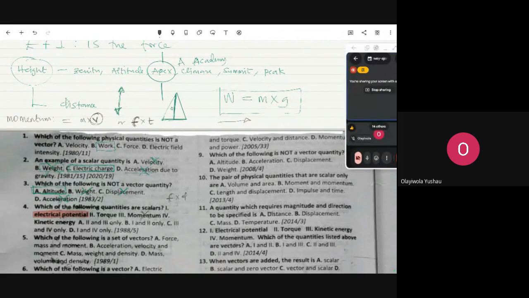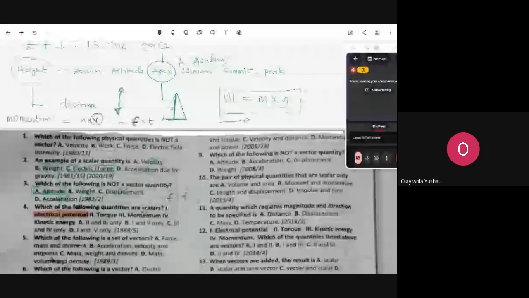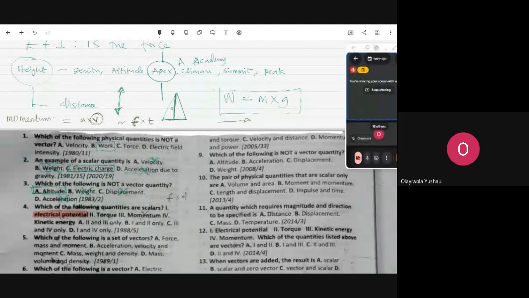So torque is the turning effect of a force about a point. So torque is discussing what? Force. Do you understand? So torque is the turning effect.